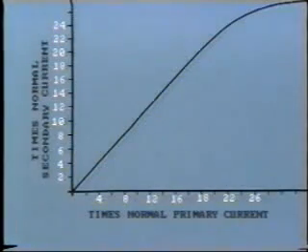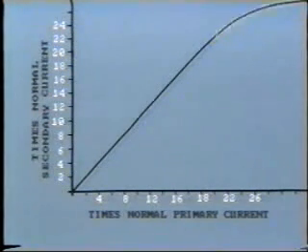This graph shows a typical saturation curve. Within its operating range, that is up to around 20 times rated current, the secondary current retains close correlation with the primary. But as the primary current increases beyond the knee of the curve, the secondary current is no longer accurate in representing the primary.